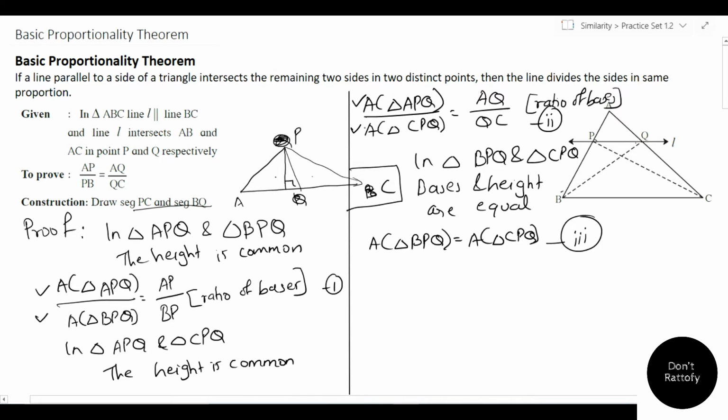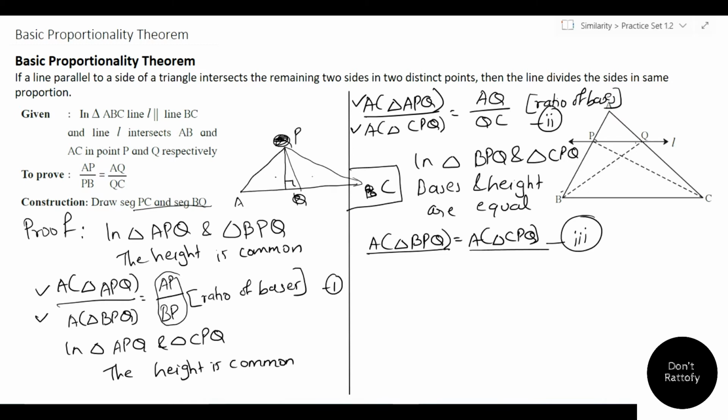But in the third equation, I am actually equating these two areas of triangles. In the third equation you can see area of triangle BPQ is equal to area of triangle CPQ. So can I say the left hand sides of both the equations, that is equation 1 and 2, are equal, right? If the LHS is equal, the RHS should be equal.